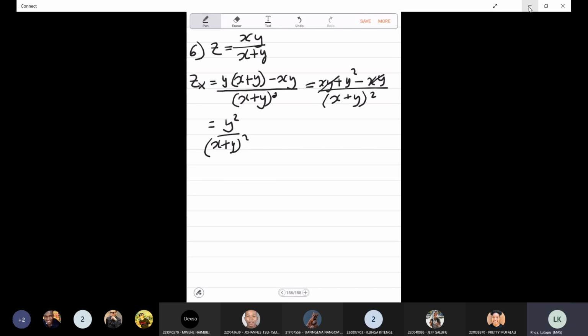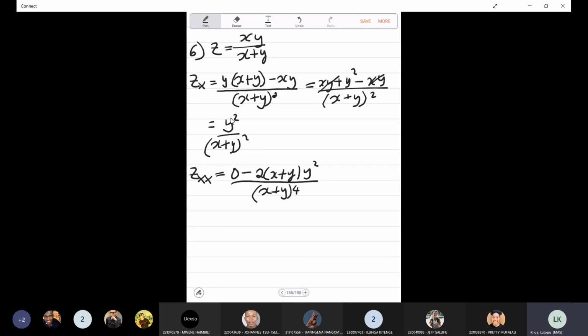Then work out the second partial derivative. This is the derivative of that one. The derivative of the numerator is 0. Then the derivative of the denominator is 2 times x plus y, and you multiply by the numerator as it is, just y squared. Then this is all divided by x plus y to the power of 4.